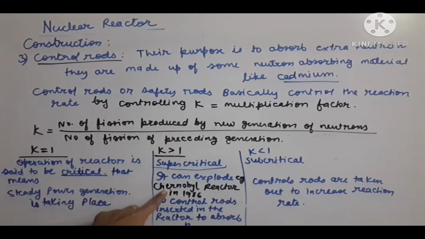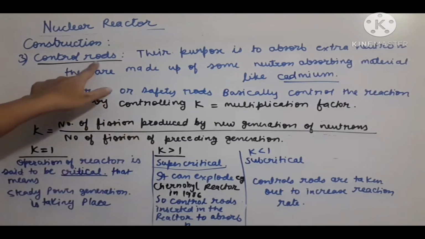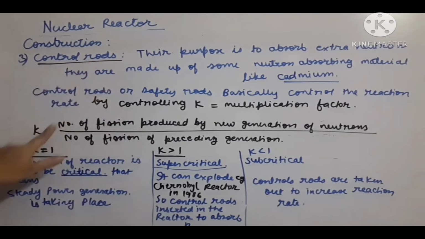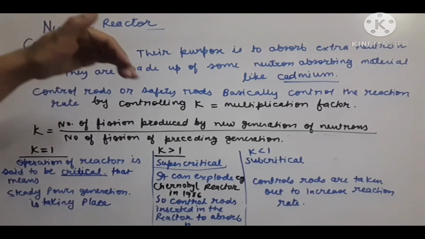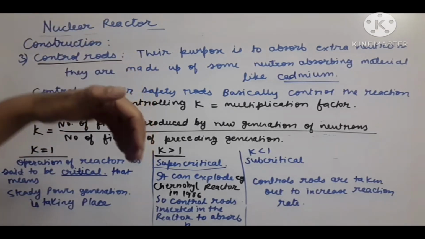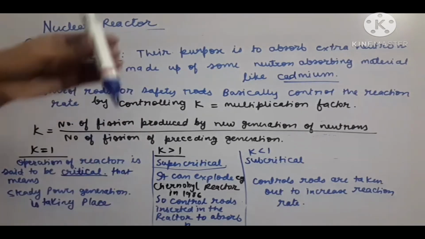So what should we do if K greater than 1 comes in any reaction? Basically the control rods are used to put a check on K. Control rod's target is to absorb extra neutrons. In the reactor, the control rods are inserted this way.